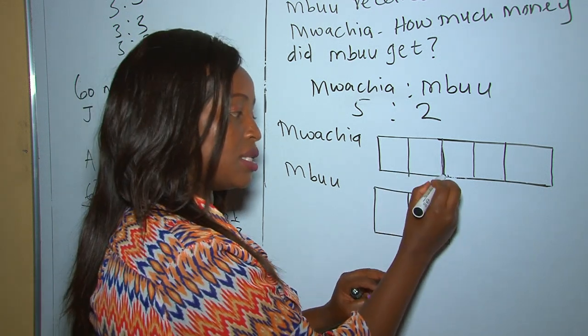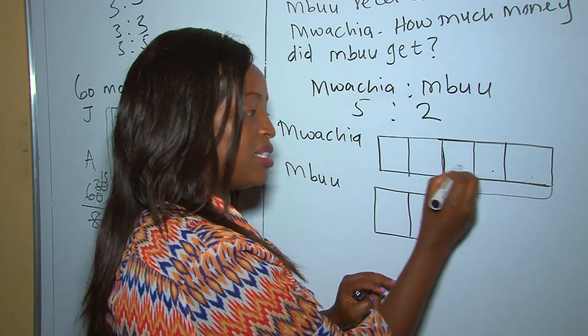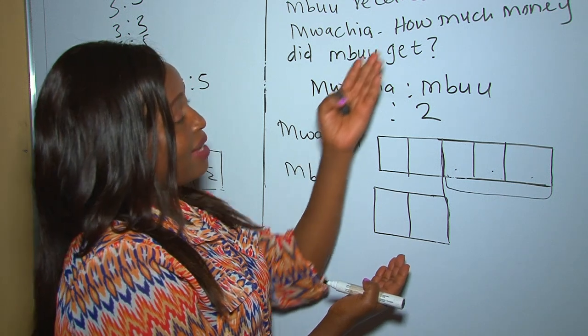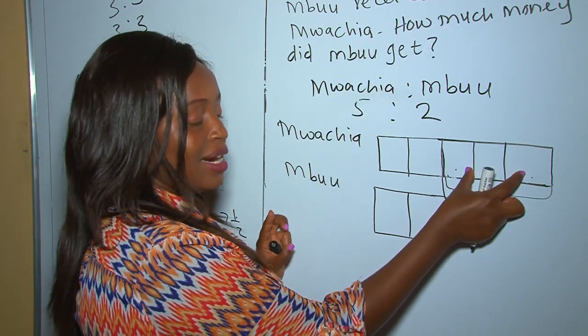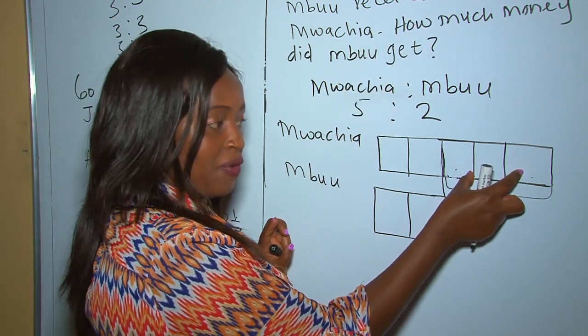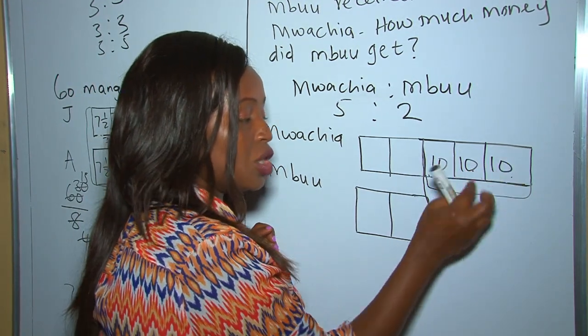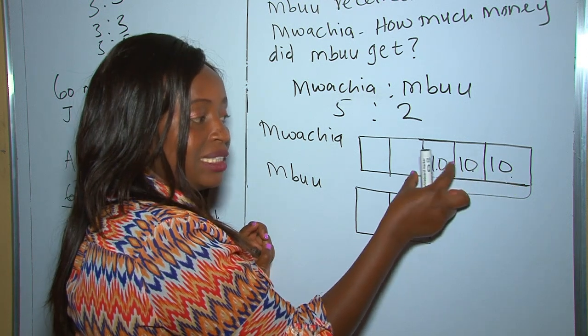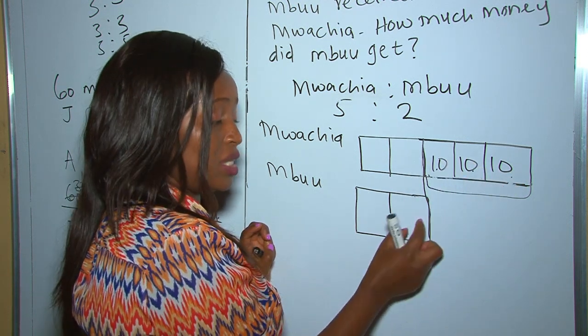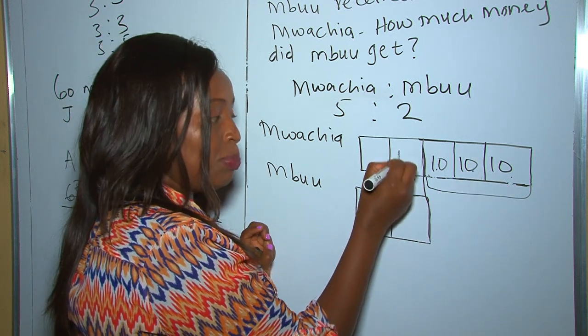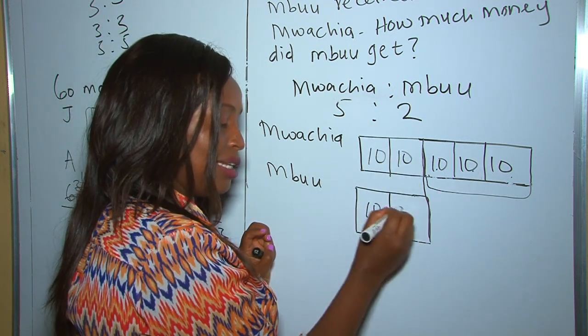But all these 3 parts here make Boo get less by 30. So these 3 here are the ratio difference. So 30 divided by 3 is 10, 10, 10. These 3 parts add up to 30, and they are the ones causing Boo to get less by 30. So each part is now 10.